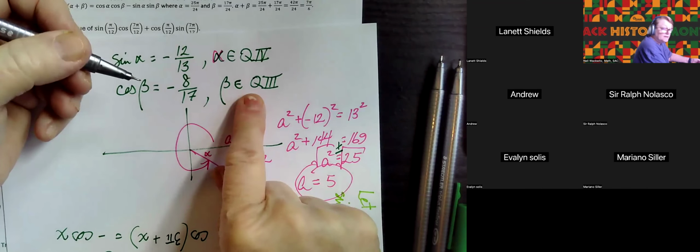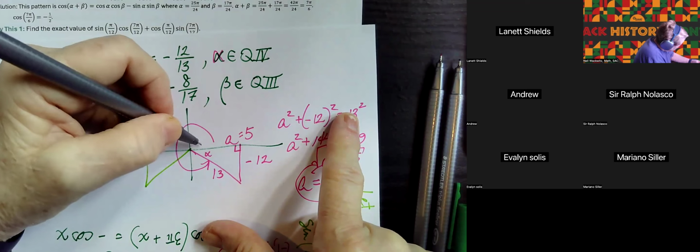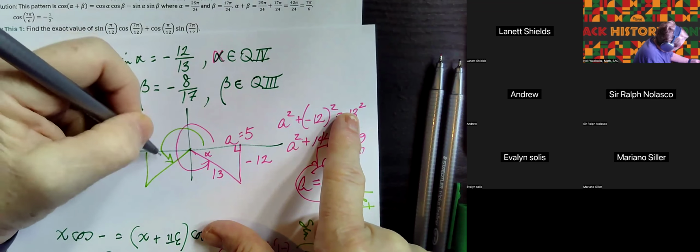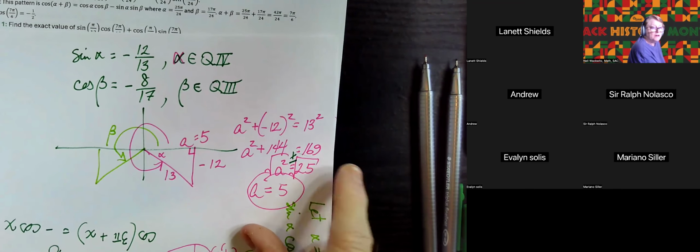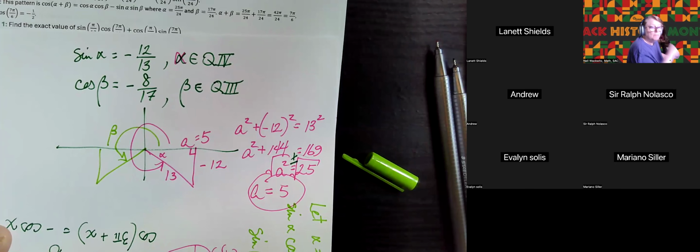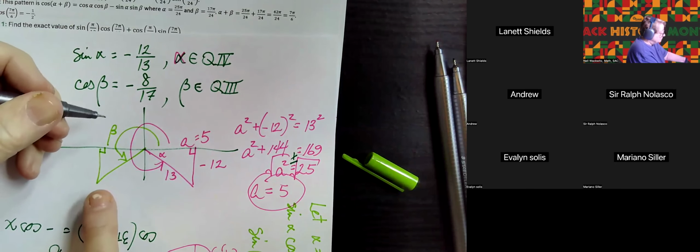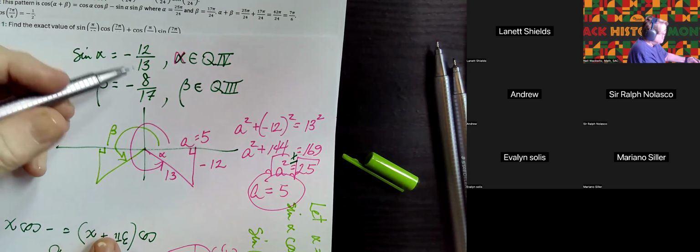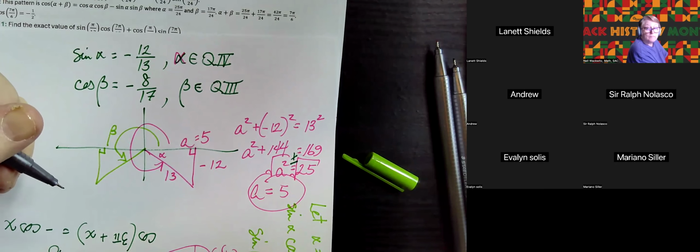Let's do the same thing with beta. We said that beta was in quadrant 3. We're given that the cosine of beta is -8/17. How can I label the sides of this triangle if I know that the cosine is -8/17?